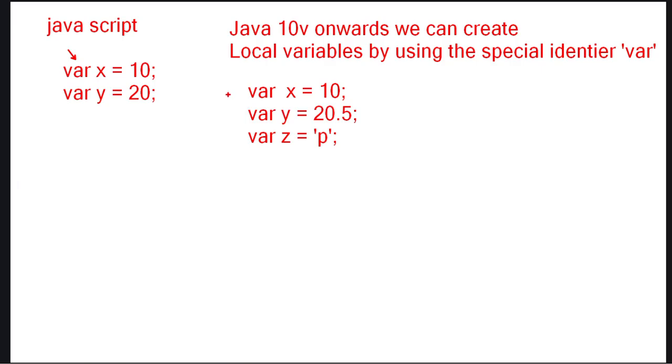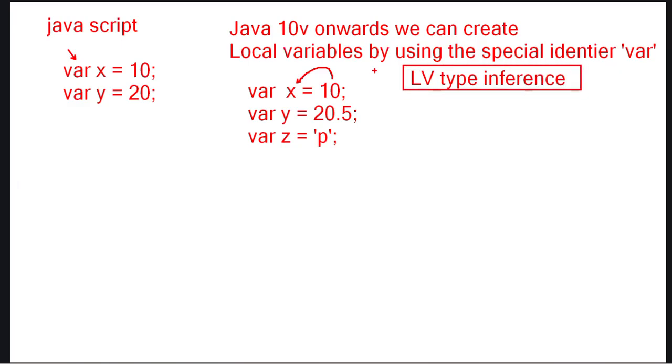Now tell me here, if I don't use the data type, what type are x, y, z, sir? The types of x, y, z are automatically taken from the right side assigned value. This concept is called local variable type inference. What is the concept? Local variable type inference. So Java 10's new feature is what?